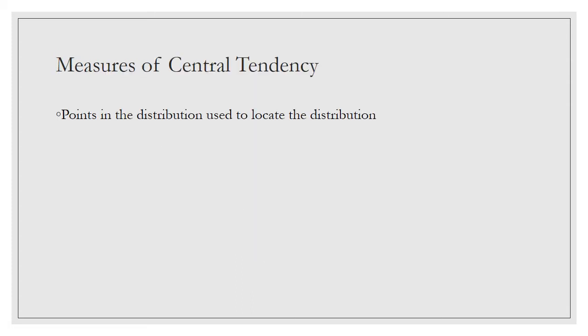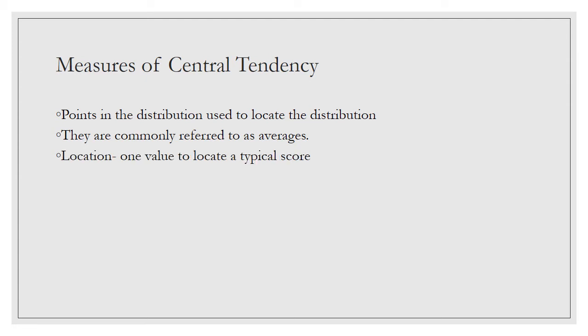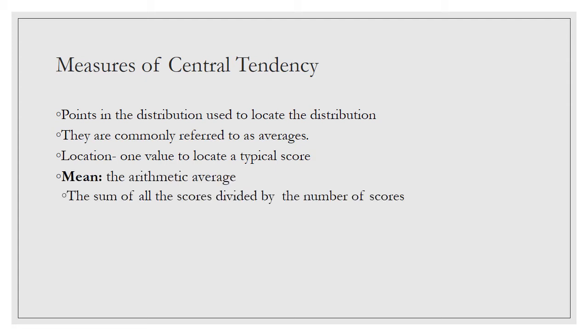Measures of central tendency are points in the distribution used to locate the distribution. That is, we commonly refer to them as an average. The location is because we can use one value to try and locate a typical score across all of our values.